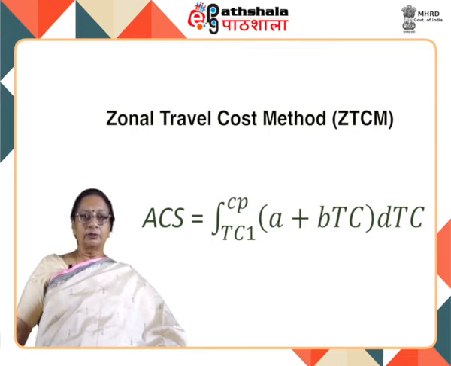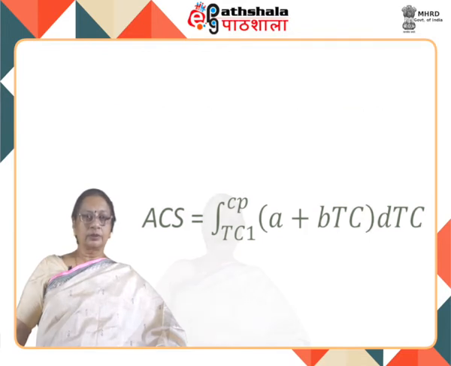Annual total consumer surplus is estimated by multiplying ACS by population of the zone. Cumulating the annual zone consumer surplus across all zones provides an estimate of total CS per annum for the whole recreational experience of site visit.